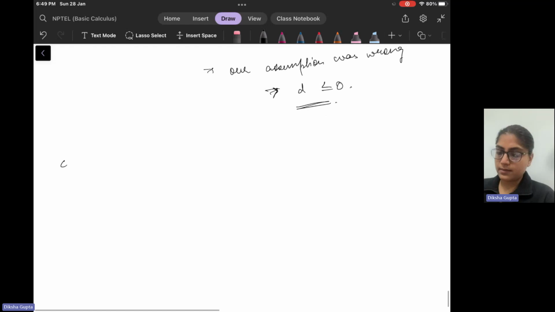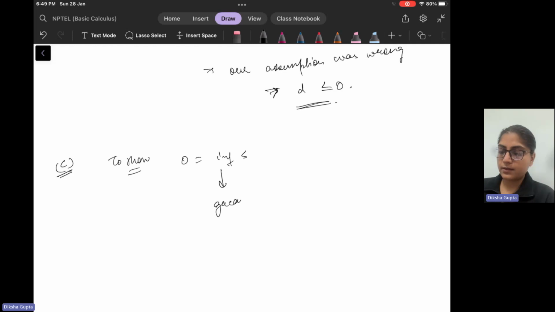Now part C says you have to show that 0 equals the infimum of S. Infimum means greatest lower bound. This is easy.